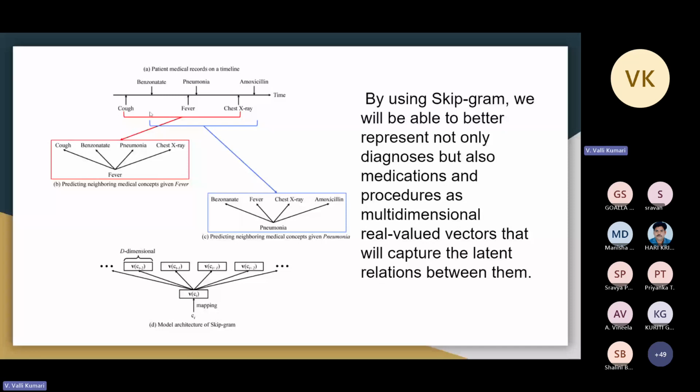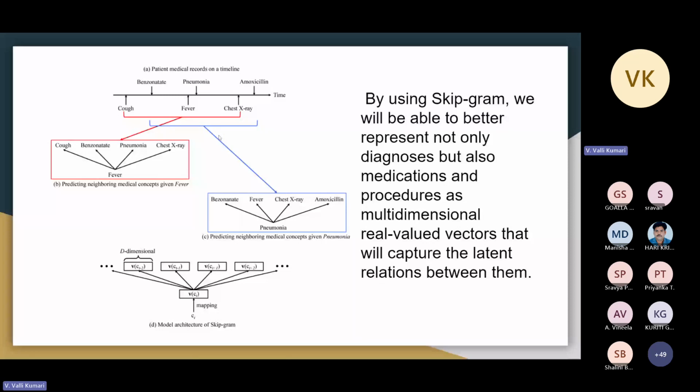Then the neighborhood concepts would be cough, benzonatate, pneumonia, chest X-ray. This window will be considered as neighbors. But when you take a slightly larger window, then what do you have here for pneumonia?